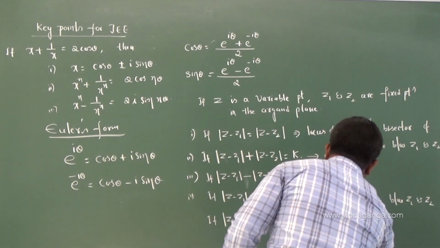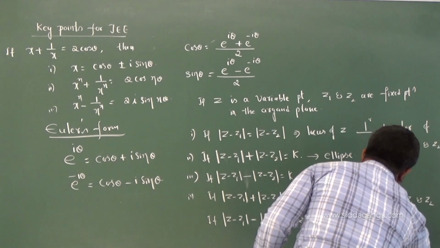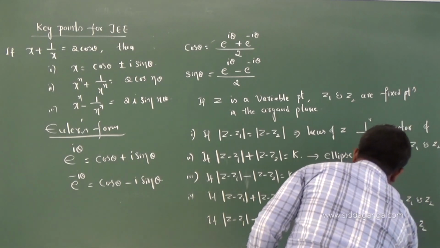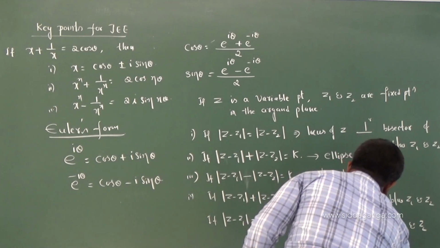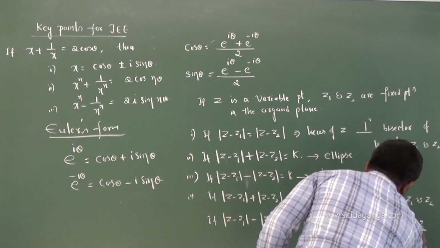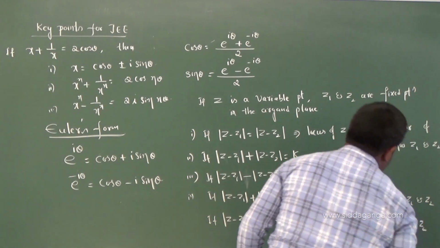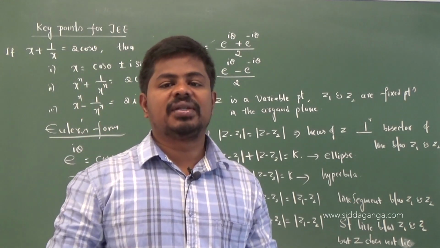It lies on the line joining z1 and z2, but not between them.